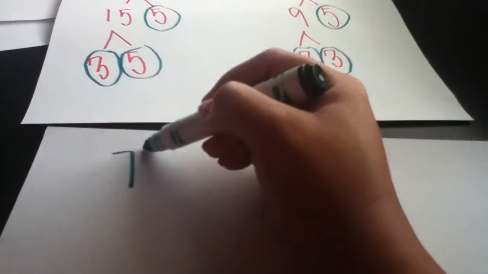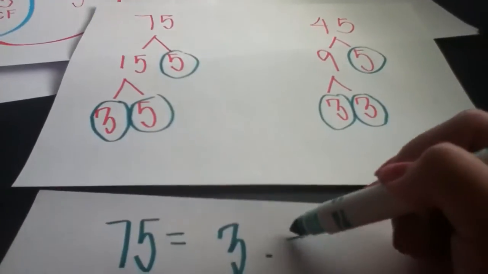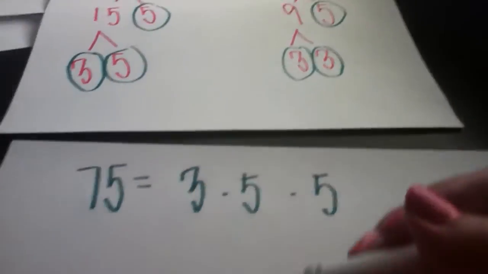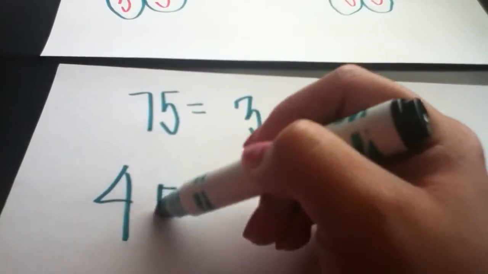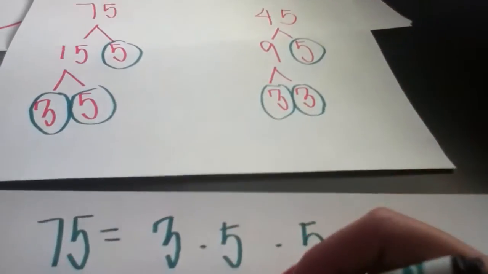So our prime factorization of 75 would be 3 times 5 times 5. And our prime factorization of 45 would be 3 times 3 times 5.